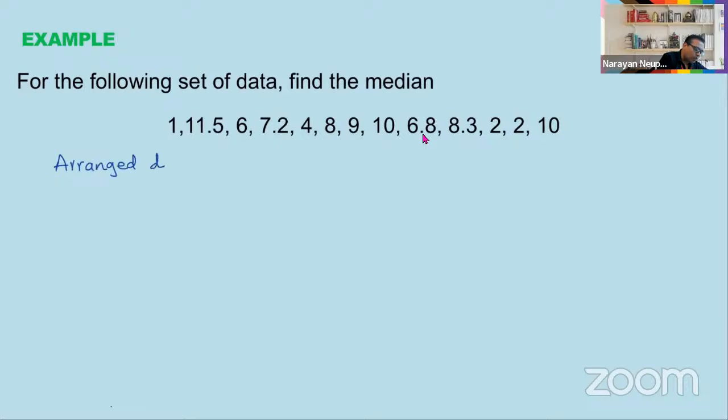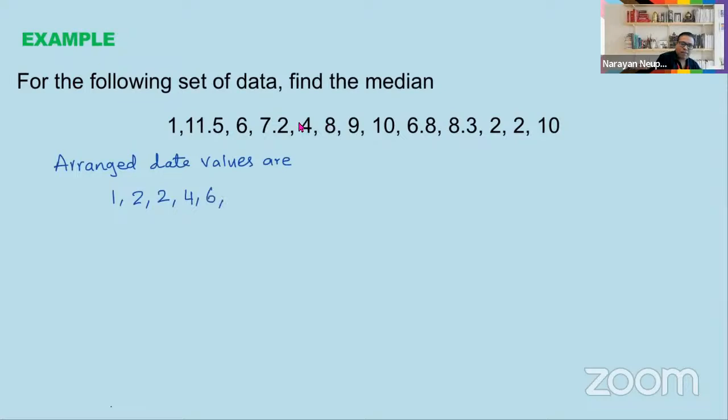Arranged data values are, what is the smallest value there? 1. What is the next one? How many 2 are there? 2 of them. Here is a 2, here is a 2, right? Just that. Okay. What is the next number? 4. Next? 6, right? There is no 5.